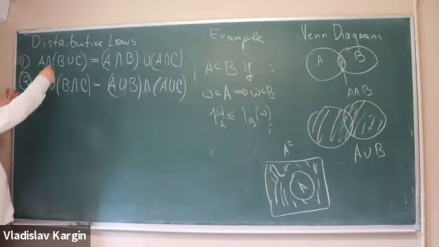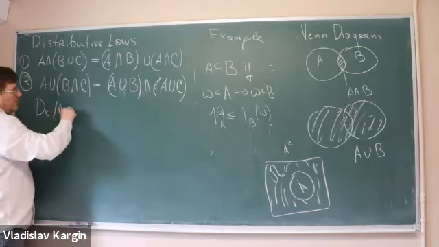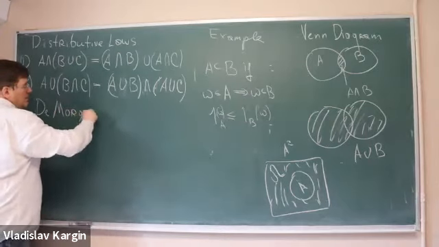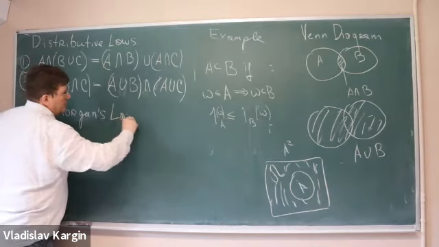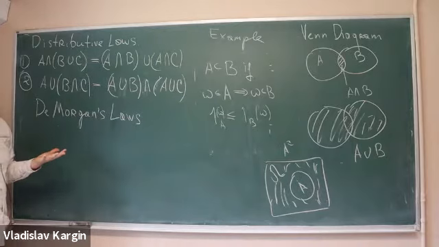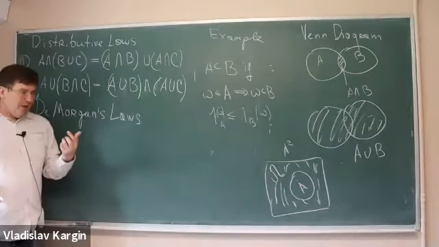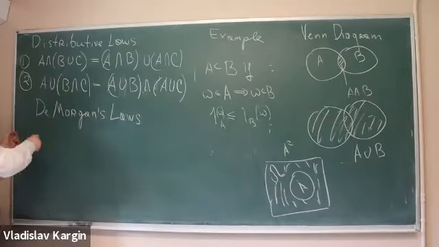And now, besides the distributive laws, you also have the De Morgan laws. This connects unions and intersections, and it adds complements actually.